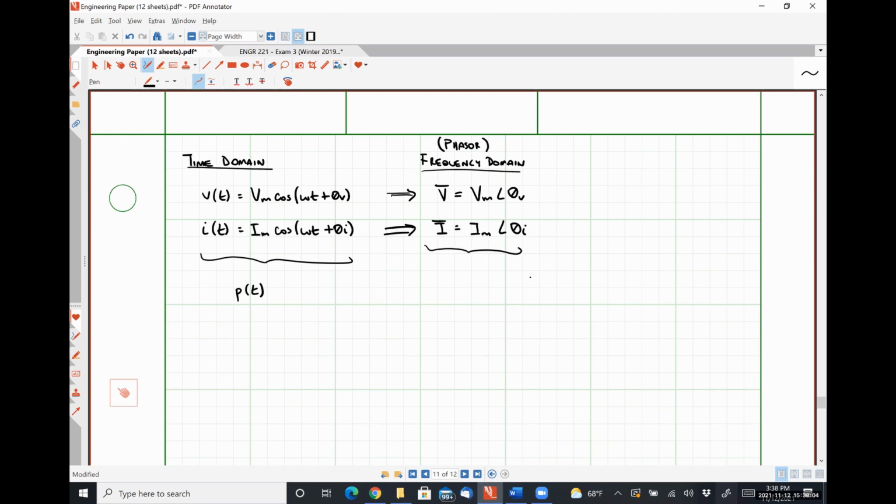This is where SSS, or steady state sinusoidal circuit analysis, comes in.